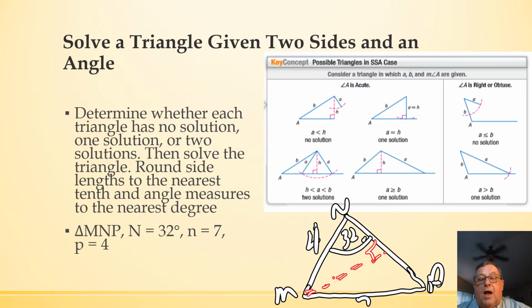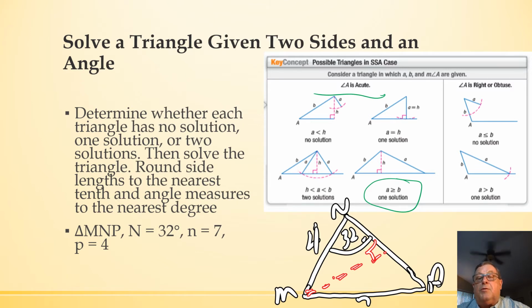Then we know side P, which is 4. Now we're dealing with an acute angle, so we have to go through a couple of scenarios. One, we know that side n is greater than P, and so we should have one solution.